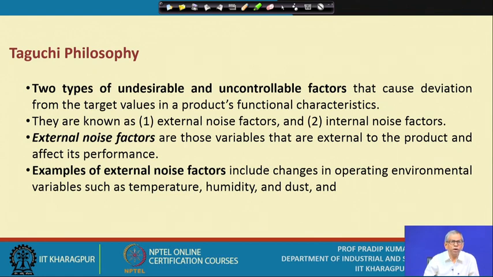Now, two types of undesirable and uncontrollable factors we have not yet discussed in detail, or we have not yet classified, the various kinds of uncontrollable noise factors. There are essentially two types of undesirable and uncontrollable factors that may cause deviation from the target values in a product's functional characteristics. A product may have different quality characteristics.